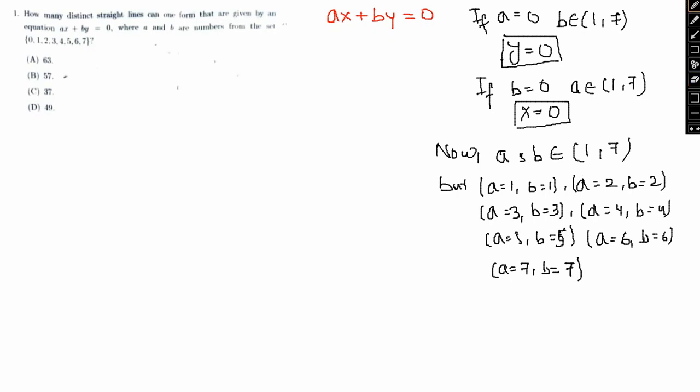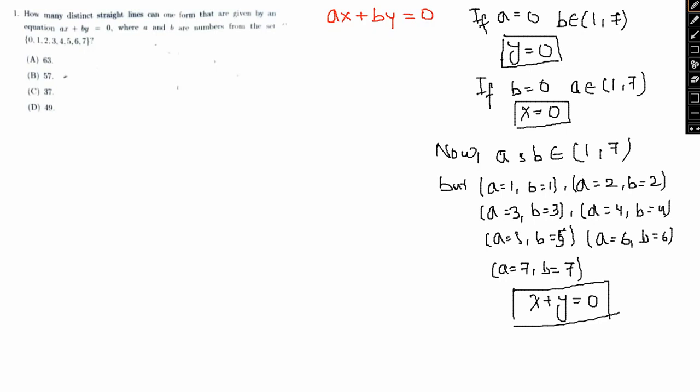All these values will yield basically the same equation, x plus y equal to 0. Why? Because we take the common factor and divide it out, so x plus y would essentially be equal to 0.